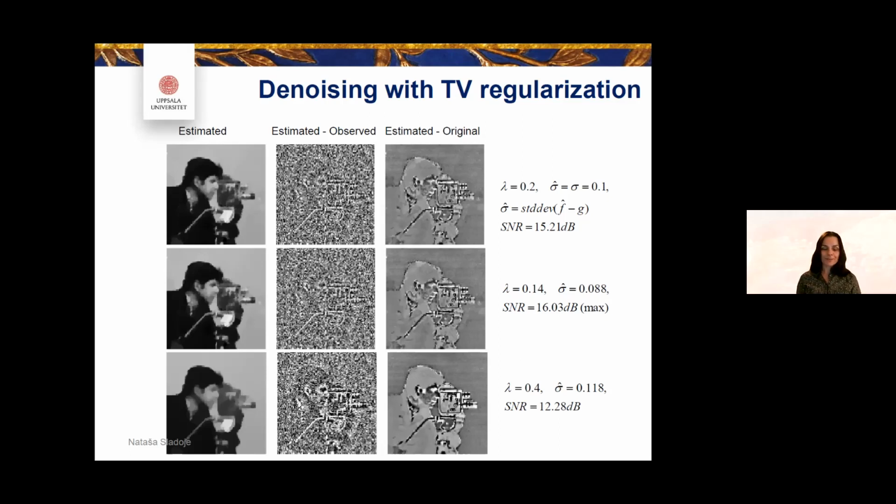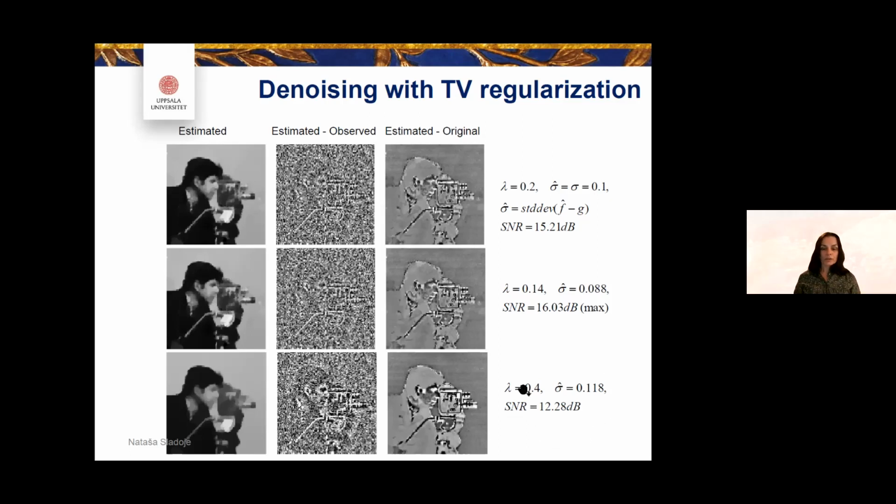In this particular case, estimating noise correctly does not lead to the best signal to noise ratio, which would be one criterion to say that this is the best estimated image, the most suitable estimate of noise, and so on. So there are different criteria and different parameters that sometimes are not speaking in the same direction.